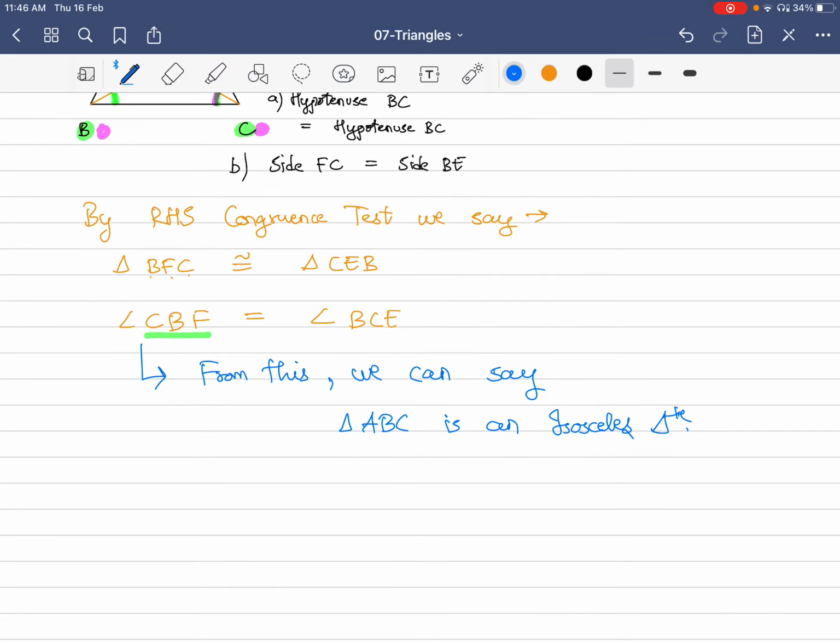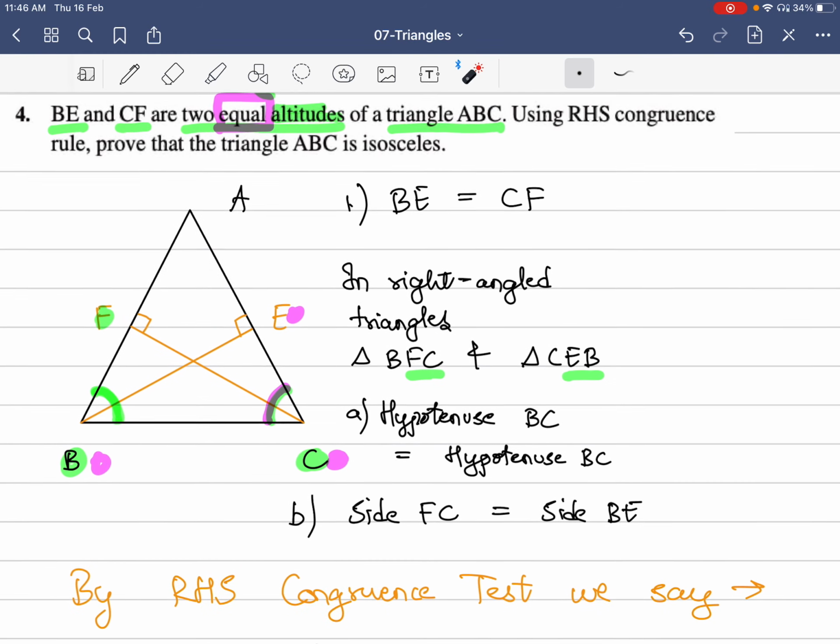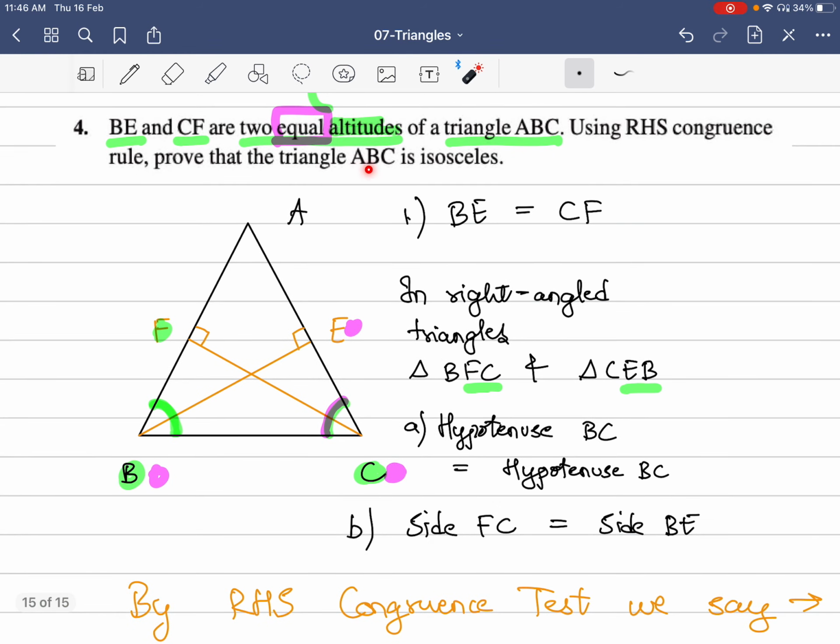And this is exactly what the question had asked us to prove, that using RHS congruence rule, prove that the triangle ABC is isosceles. So in this triangle ABC, in order to prove it's isosceles, we have proven that these two angles are equal to each other. That's all.